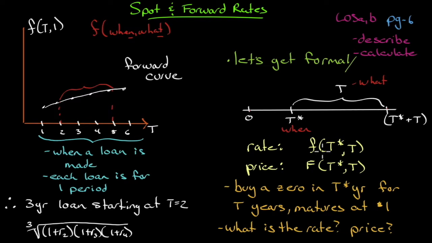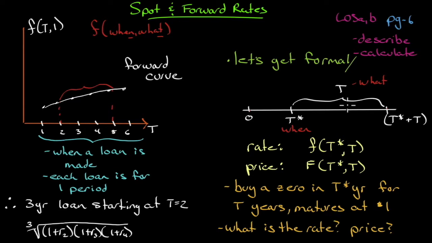This is the notation for the rate. This is the notation for the price. But how do I figure out the rate and the price for this forward contract? I've already shown you on the previous screen, with that small example, how to use the two spot rates to figure out what the forward rate would be.